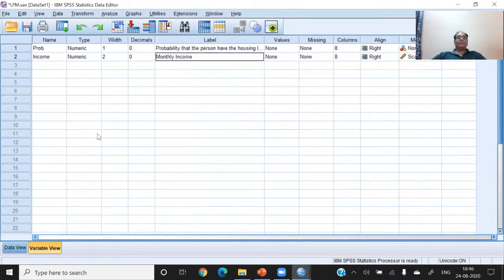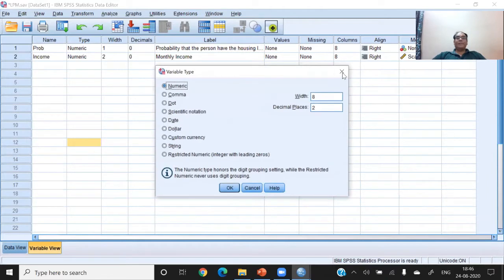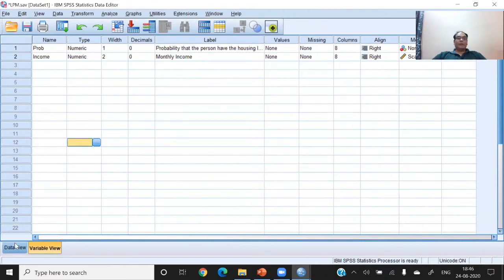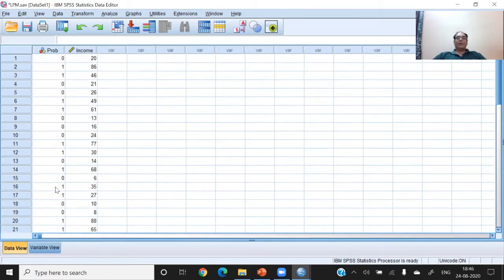If you see the data, the dependent variable has only 0 and 1. It means that if you meet a person, either that person has the loan or not, right? In the real data set, we have only the values 1 and 0. Anybody who has a housing loan is 1, anybody who does not have a housing loan is 0.